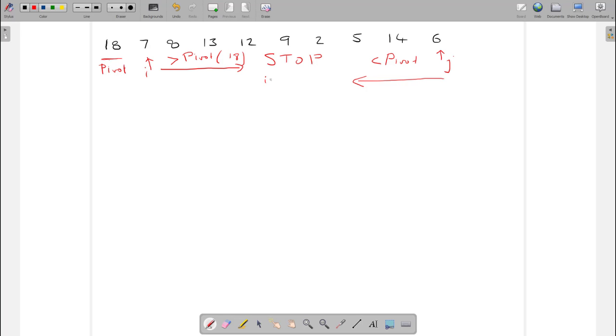Now, if I has not crossed over J, then we swap the values. Here, we do not interchange the values of I and J, we interchange the values of array elements at ith position and jth position. Once the values are swapped, we increment I and we decrement J, and then we proceed again and repeat the same process. So let us play it out for one example.